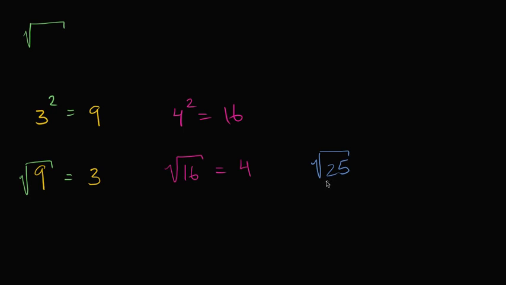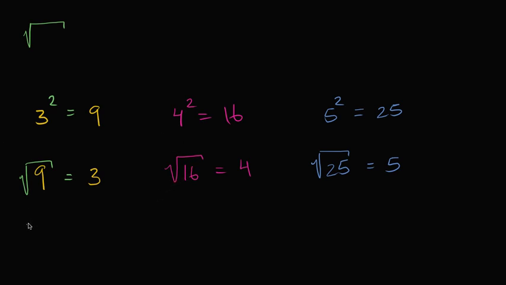This is the number that times itself is going to be equal to 25, or the number where if I were to square it, I get 25. What number is that? That's going to be equal to 5, because we know that 5 squared is equal to 25.